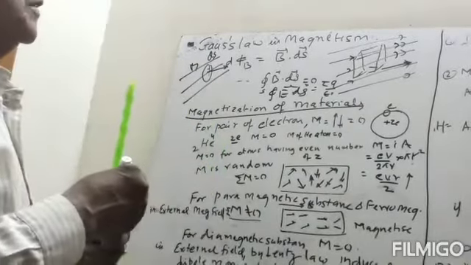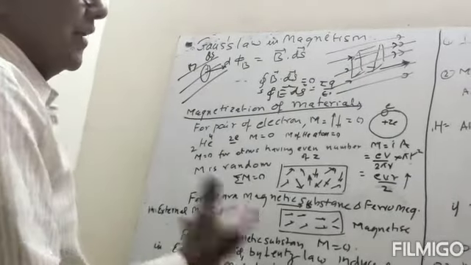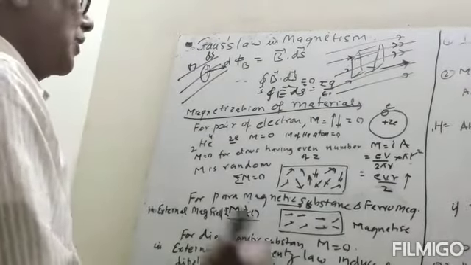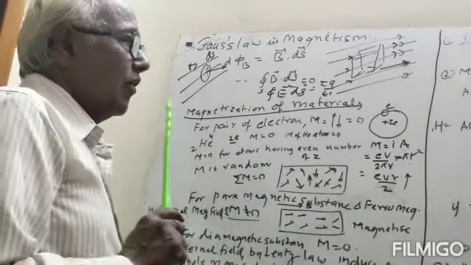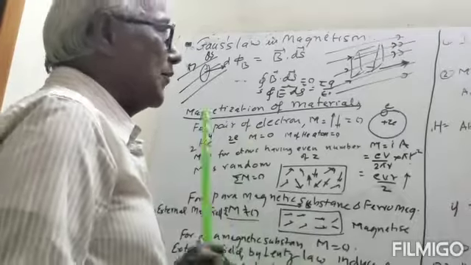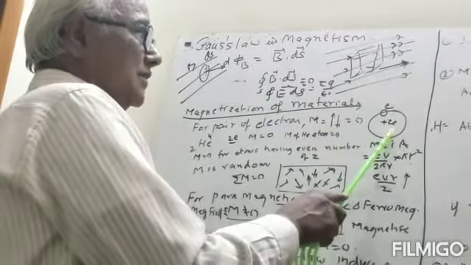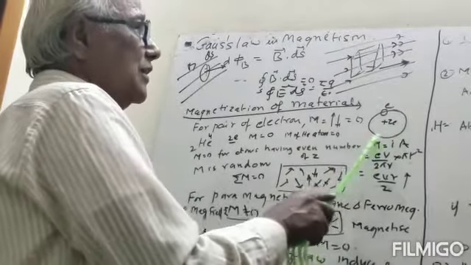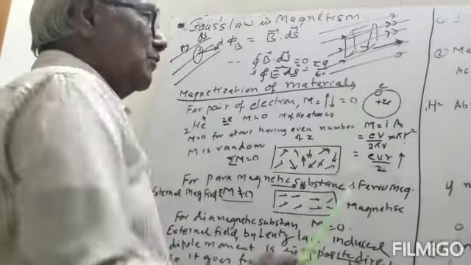Magnetization of a material means, if we place the material in some magnetic field, what will happen and how it will be magnetized. We know that all materials are made up of atoms, and in atoms there is a nucleus and an electron revolving around it. So what will be the magnetic moment?